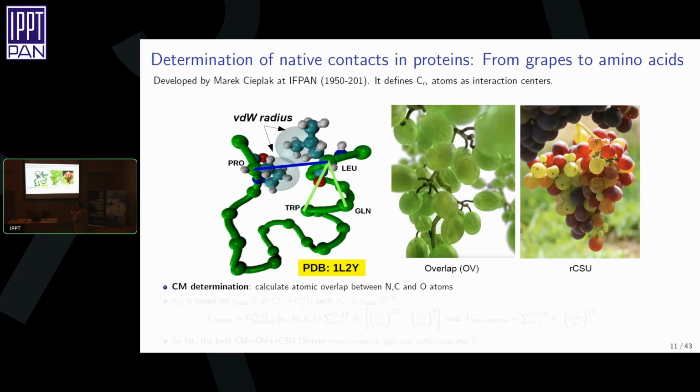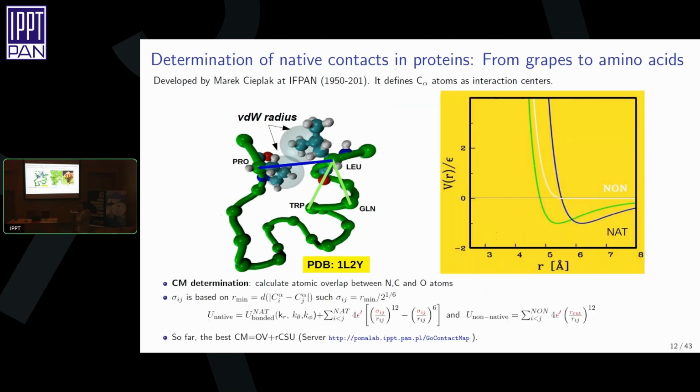Then later came another method, the RCSU, which was also developed under his supervision. Basically it introduced some chemistry into the determination of the native contacts. You can imagine that some contacts can be very close to each other, like the blue one, and then you have another contact which, depending on the position on the backbone of the protein, will be shorter in distance, right?